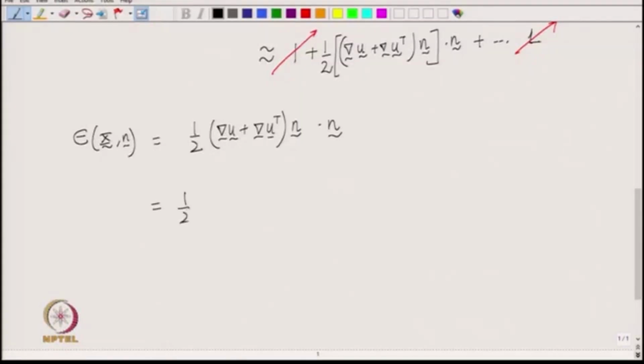So, we have half, and then grad u becomes a matrix in the coordinate system of E 1, E 2, E 3, which is going to be del u 1 by del x 1, del u 2 by del x 2, del u 3 by del x 3, and then you have terms here, you can guess what it would be.